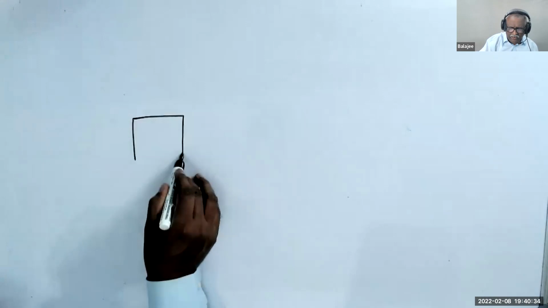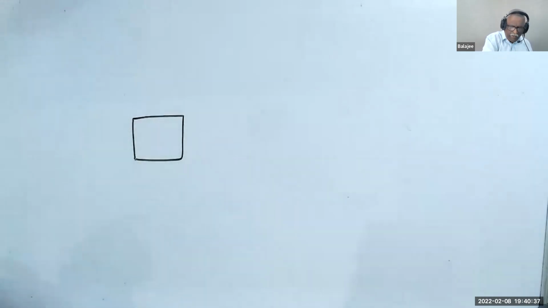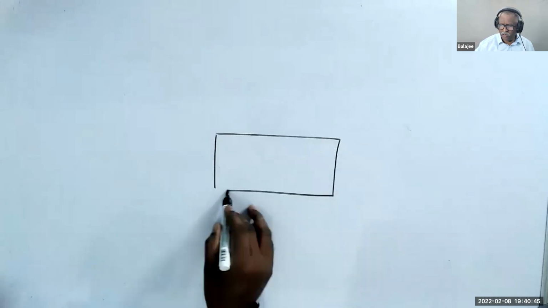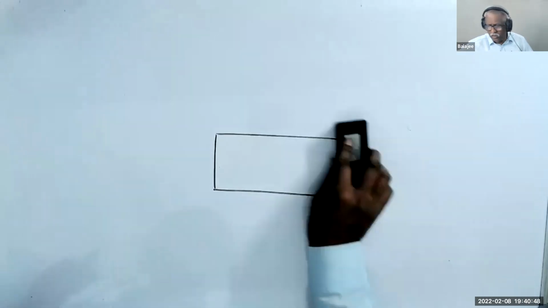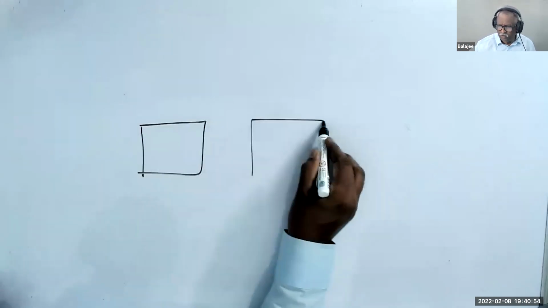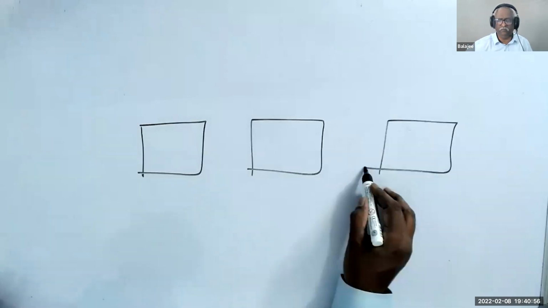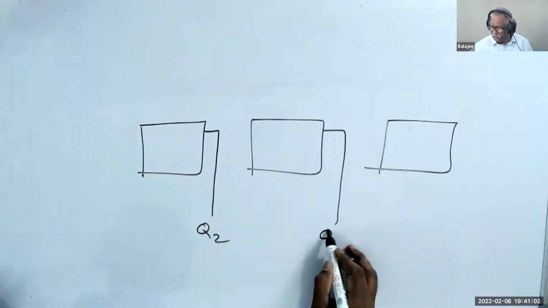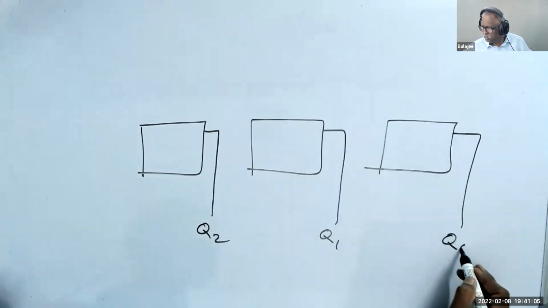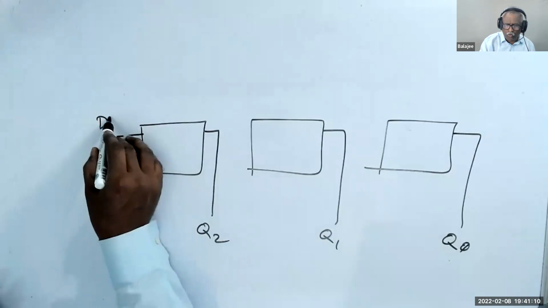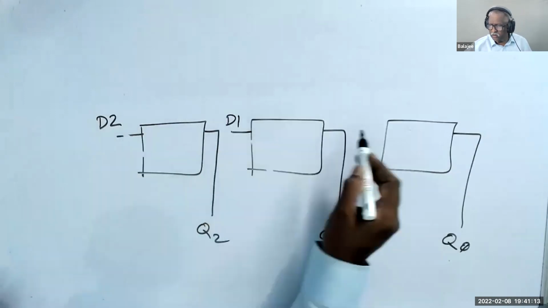The same logic here. I'll try to make you understand in a very simple way. I put only three of them. Please understand, I put only three logics. I have Q2, Q1, Q0, and D2, D1.